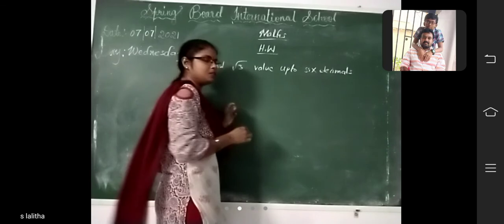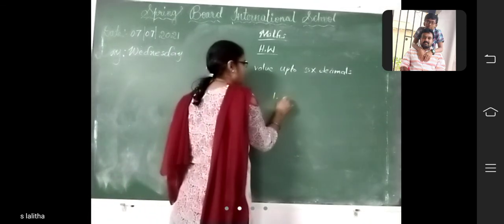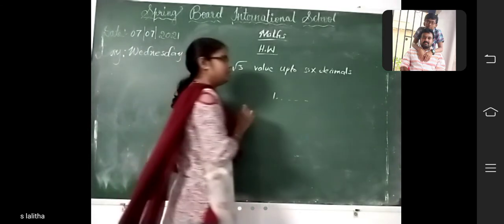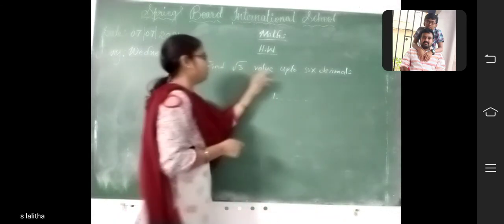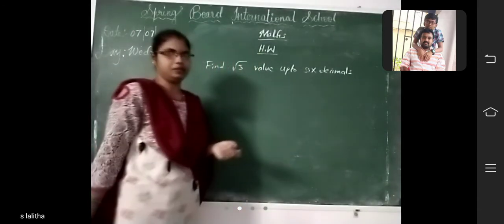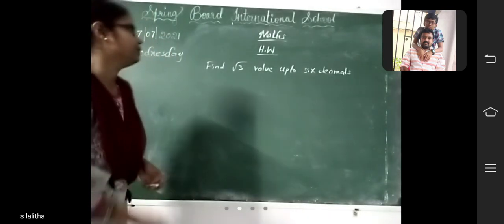Up to 6 decimals means what? Suppose it is 1 point, the decimal point followed by 6 digits. That is what you have to find. Which method should you use? By the long division method. Okay children, this is the homework for you. So note it down.